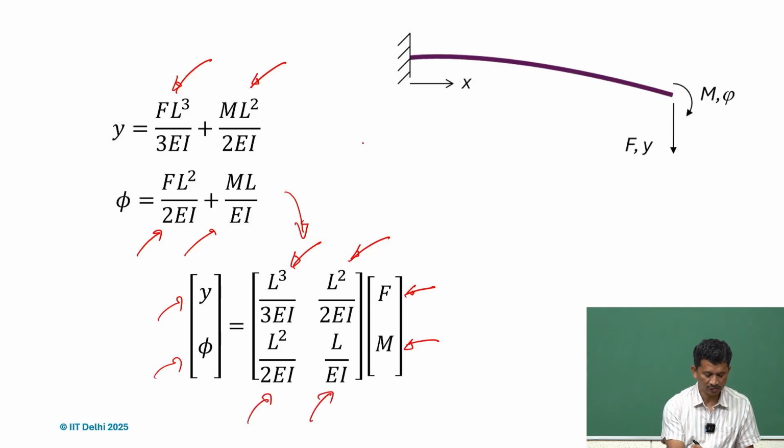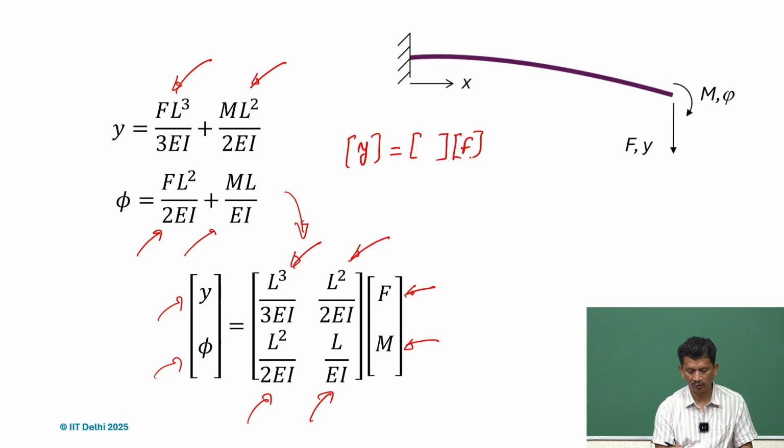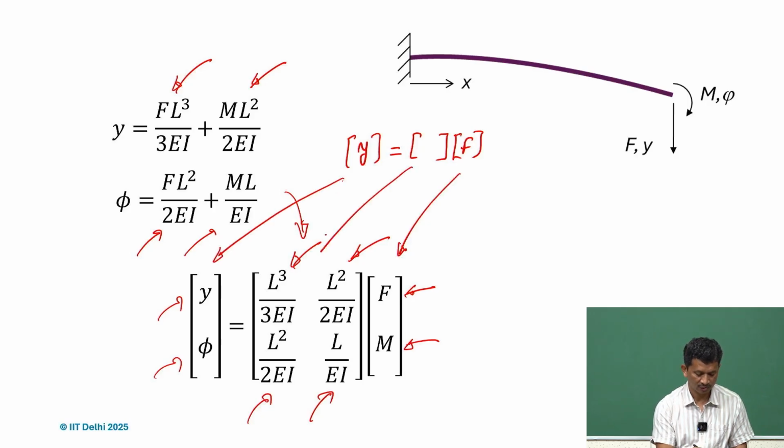So in general, this y denotes both y and phi, and it can be written in some matrix form times F. F includes both force and moment, and y includes both deflection and rotation, and this is a 2 by 2 matrix.